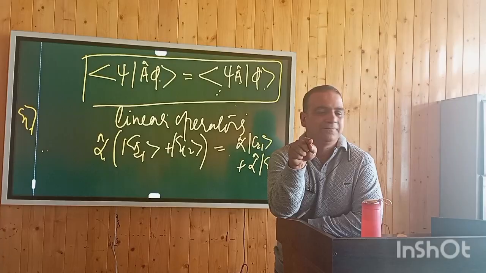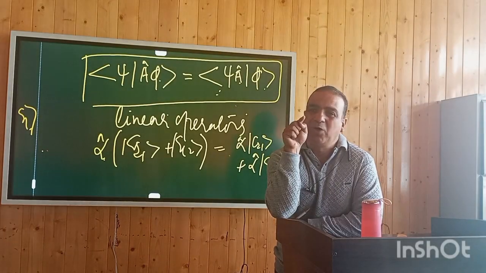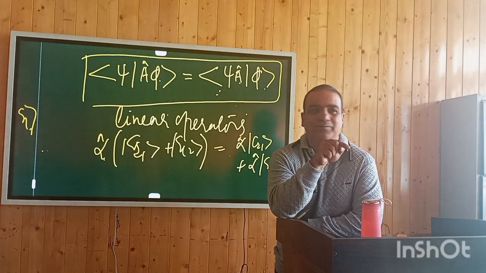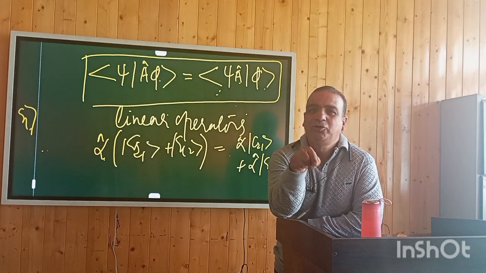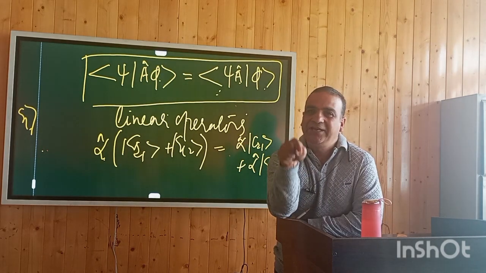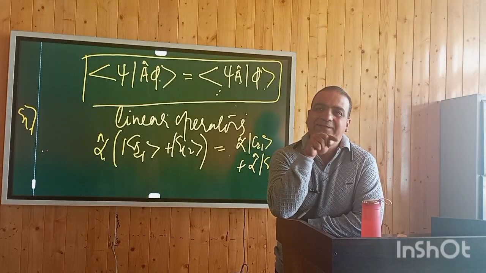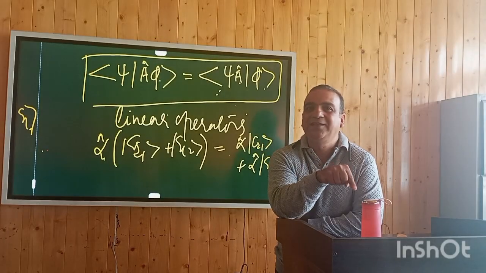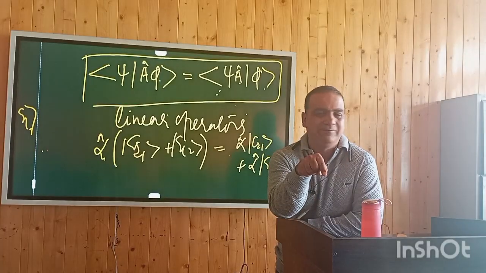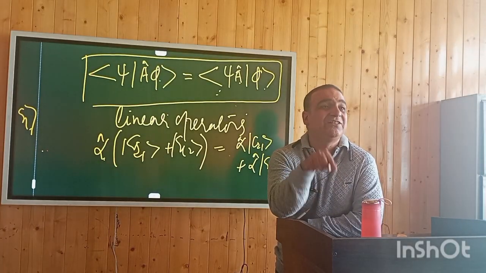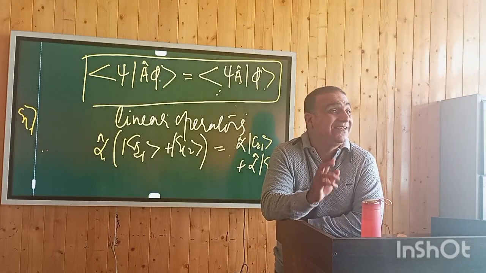It's an observable. Corresponding to this momentum, we have the momentum operator in quantum mechanics. Corresponding to total energy in classical physics, we have the Hamiltonian operator in quantum mechanics. Now this Hamiltonian can either be independent of time or dependent on time. When it depends on time, it gives us the evolution of the system. When it does not depend on time, it gives us quantization.